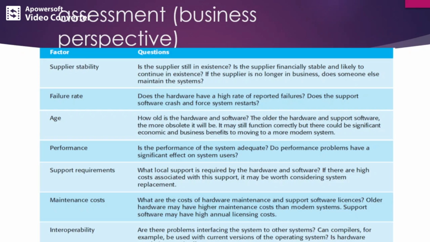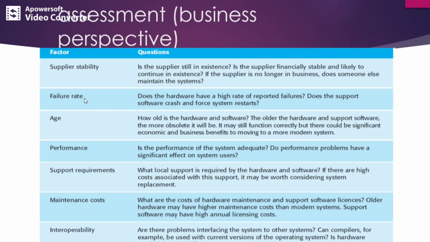And if the supplier is no longer in business, suppose he has stopped giving the materials, then you need to see whether anyone else is there to maintain the system. So that is supplier stability. First you have to see whether the supplier is still in existence. If not in existence, then you have to see someone else for maintaining the system.